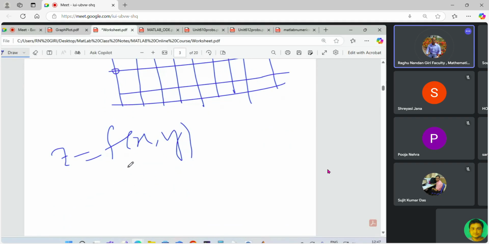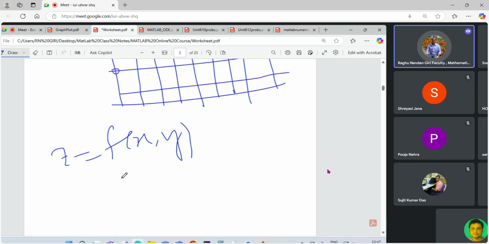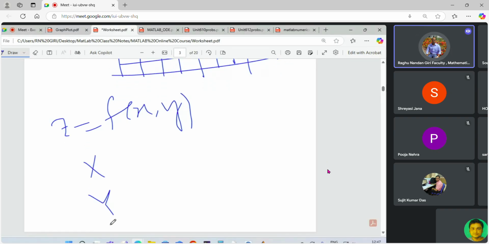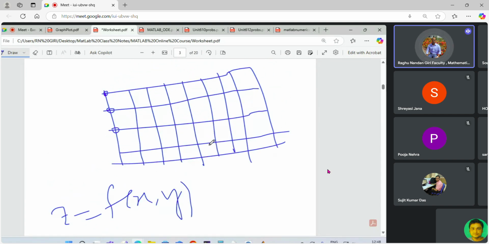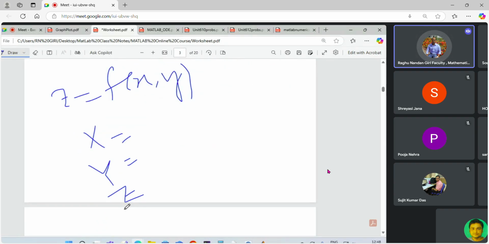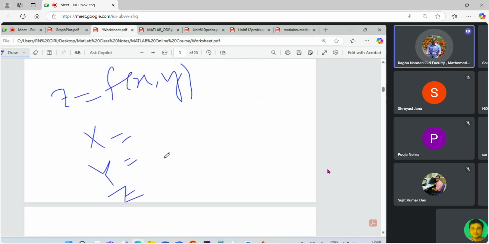So for these three functions, surface, mesh or contour, we record x as a matrix, y as a matrix, and z as a matrix of the same size that represents the grid. Basically, x represents a grid matrix, y also represents a grid matrix, then z represents the function values matrix.